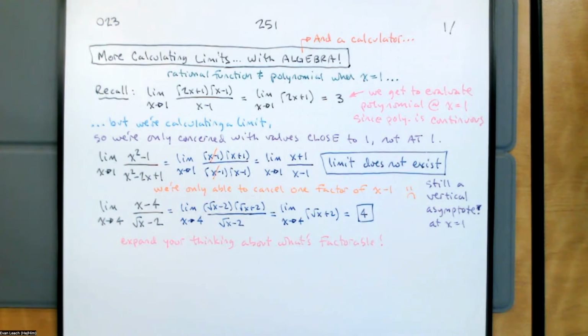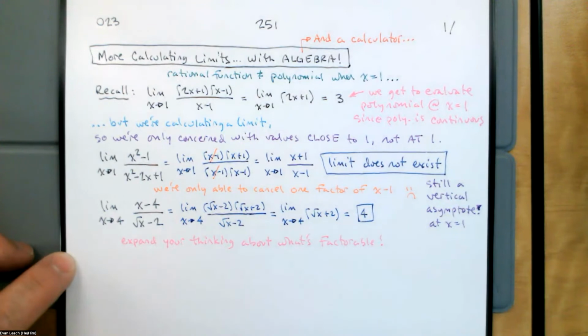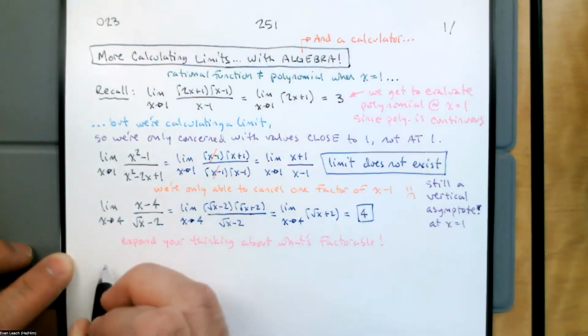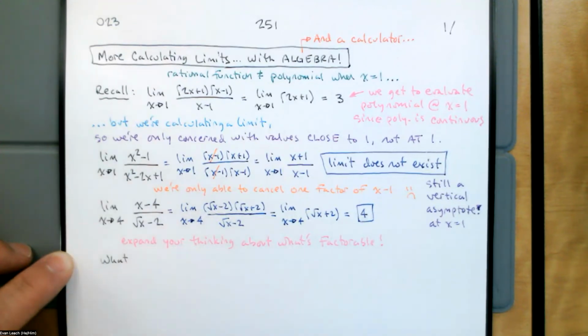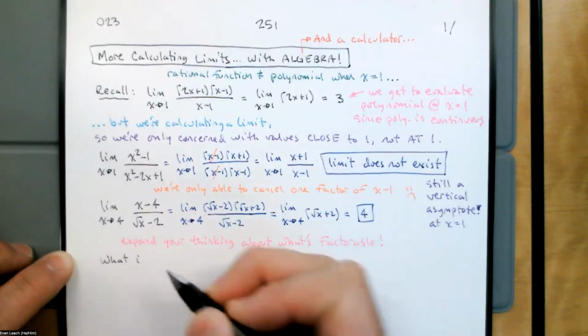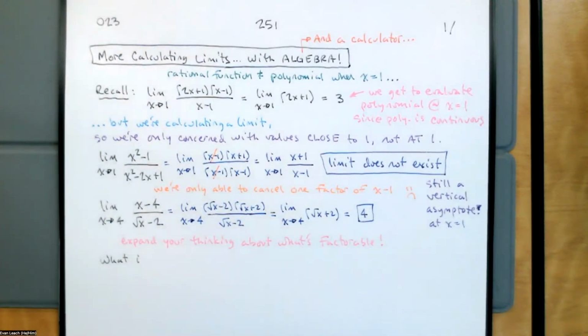We multiply by the square root of x plus 2. The square root of x plus 2 will be the conjugate of that. And this process is called, anybody remember?